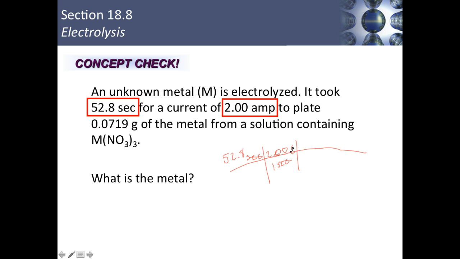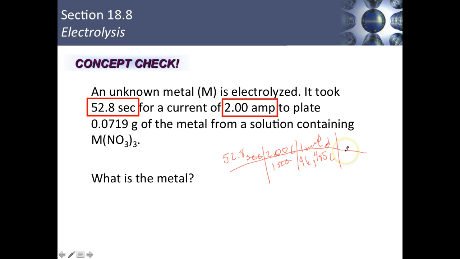Now, the next conversion factor that I'm going to need is the number of coulombs per mole of electrons. So let's take a look. 1 mole of electrons gives us 96,485 coulombs per 1 mole of electrons.